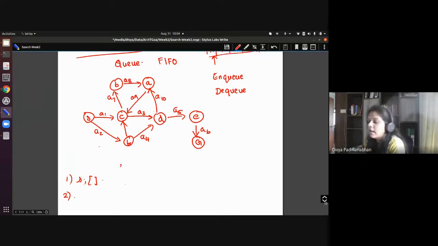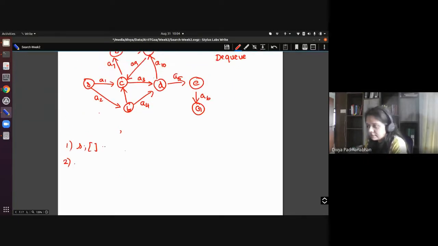The first entry was S with an empty list; now you removed it from the queue and marked it as visited, and you now have C with A1 as the first entry, then F with A2 as another entry of the queue.